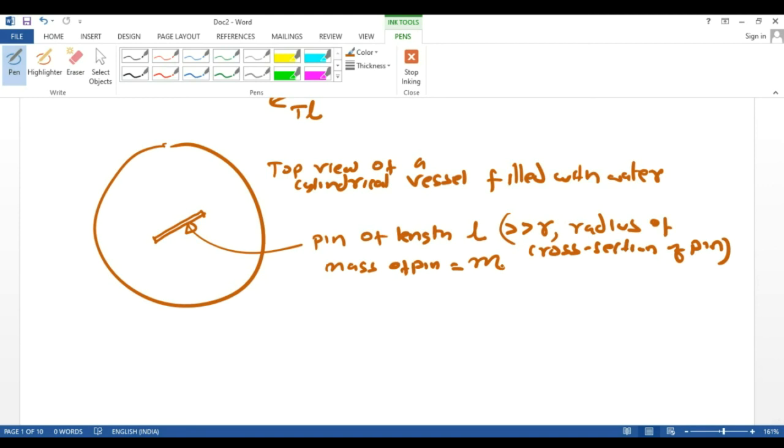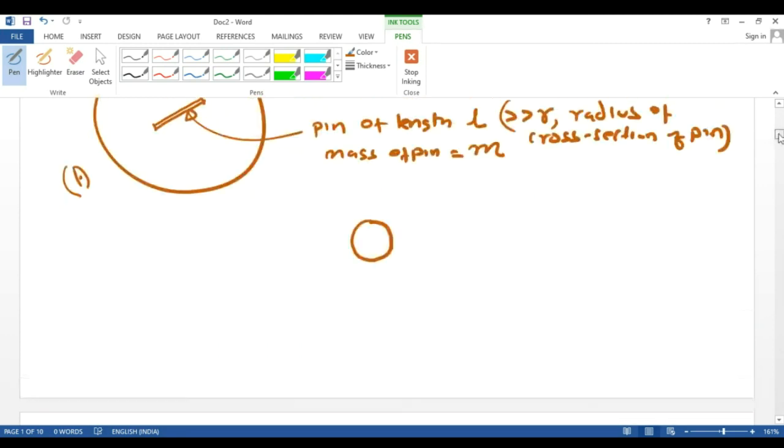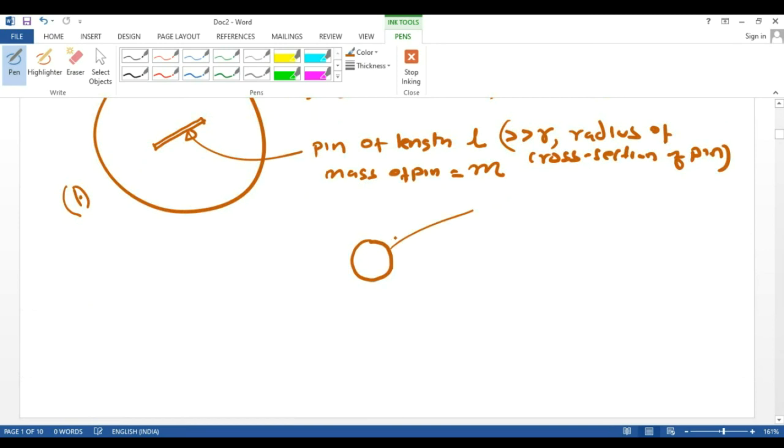If you look from this view, I am having a much enlarged view. So this is the cross section of the pin.